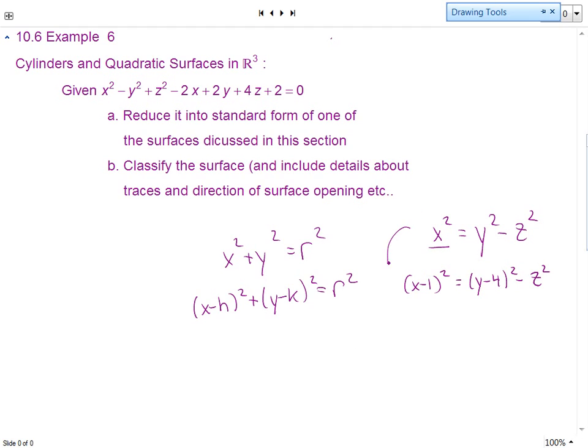These two would have been the same basic shape, except having the -1 and the -4 in there would have just moved it. So when you do this problem, which I'm not going to do today, you're going to complete the square, and then look at what you have, and realize it's something that you know off this sheet, just moved around. Think you could do that? Maybe? We'll see.